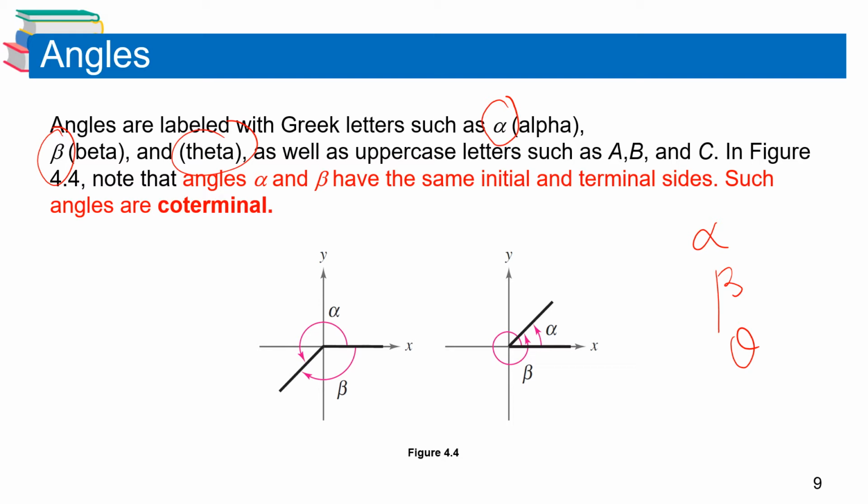Sometimes you can also have angles of this form, which can also be represented by theta. If you have two angles alpha and beta together such that the total angle is 360, then they are called coterminal angles.